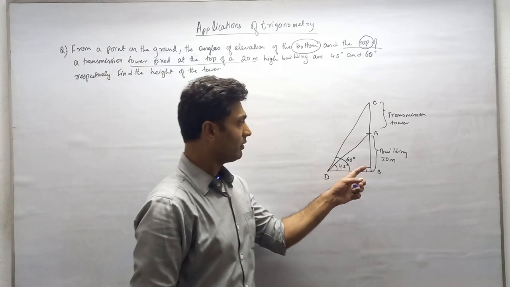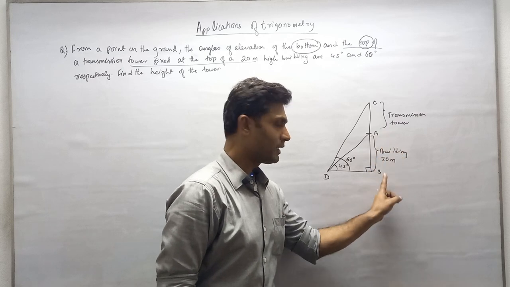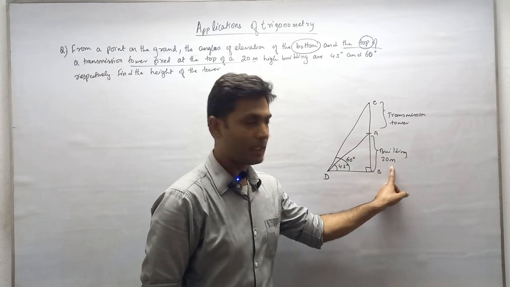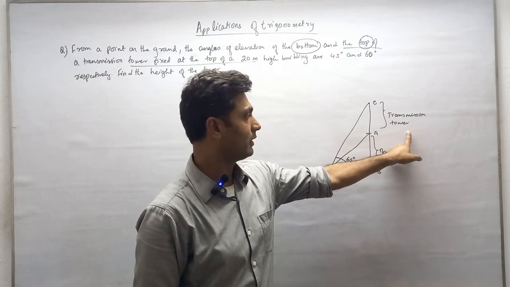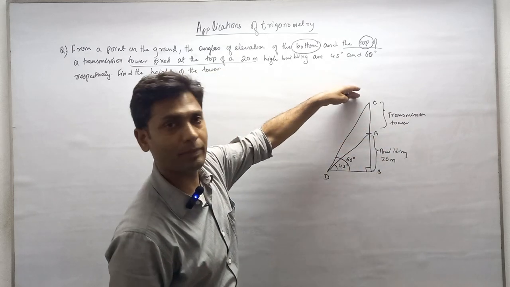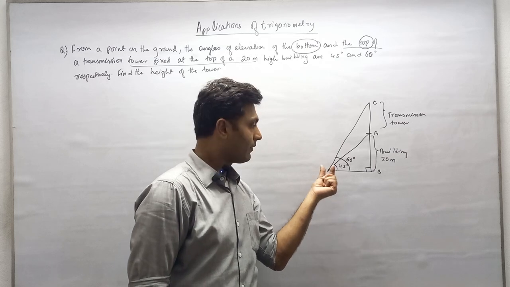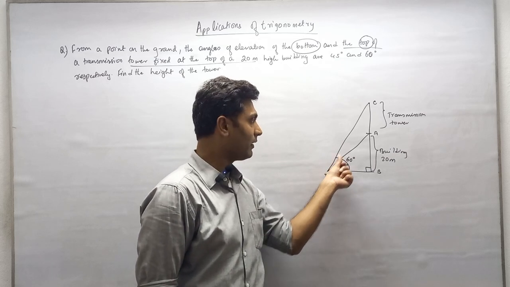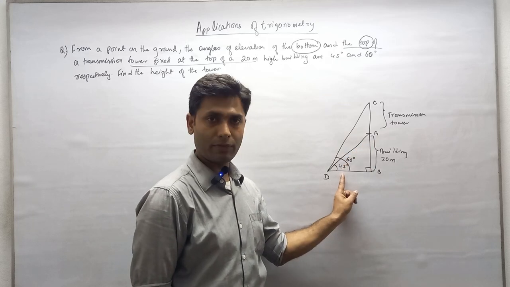Once again I repeat the question. AB is the building which is 20-meter high. AC is the transmission tower which is fixed on top of the building. There is a point on the ground. From this point, the angle of elevation to the bottom of the tower is 45.